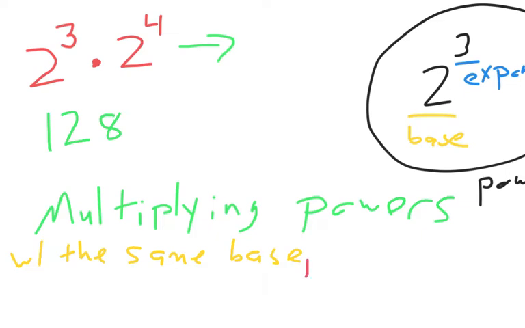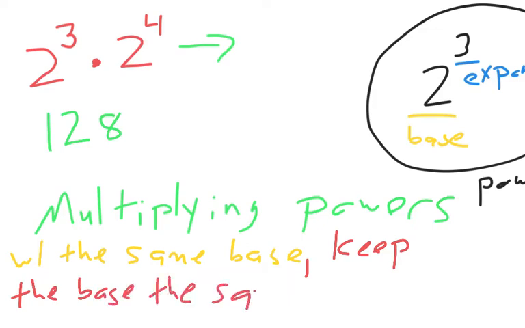Here's the rule. You always have to have the same base. You can use it when you have the same base. You keep the base the same, add the exponents.